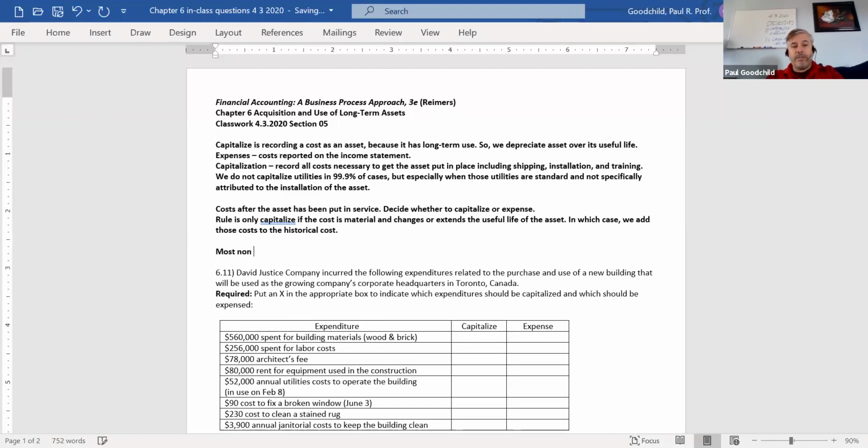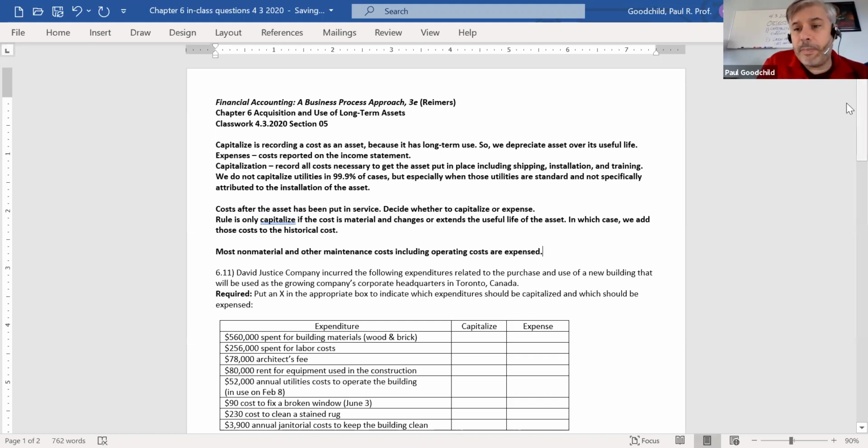Most non-material and other maintenance costs, including operating costs, are expensed.